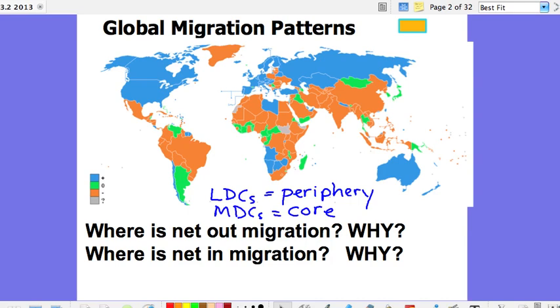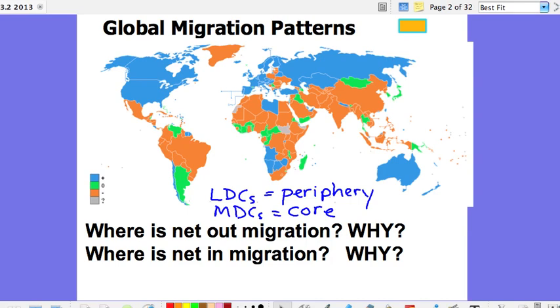So MDCs at the core of global influence politically, economically, culturally, not the core as in the middle of the earth. And LDCs are kind of on the fringe or the edge as far as their global influence economically, politically, culturally. So where you look at where there's net out migration, it looks like this is mostly LDCs, periphery.